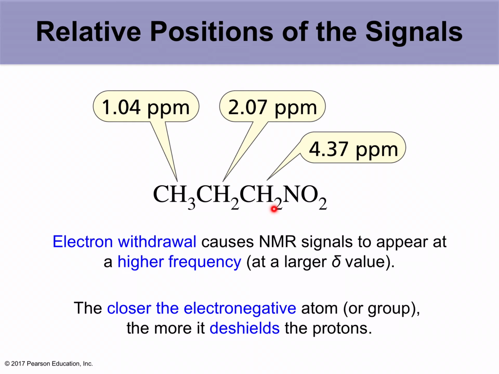As a result, it would align with the applied magnetic field and be more deshielded, and you will have that signal at a higher frequency. This causes the NMR signal to appear at a higher frequency, at a larger chemical shift value. The closer the electronegative atom or group, the more it deshields the protons.